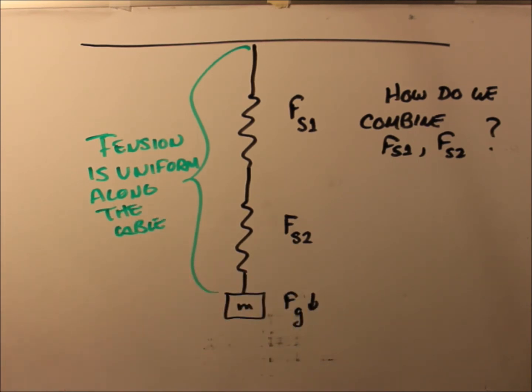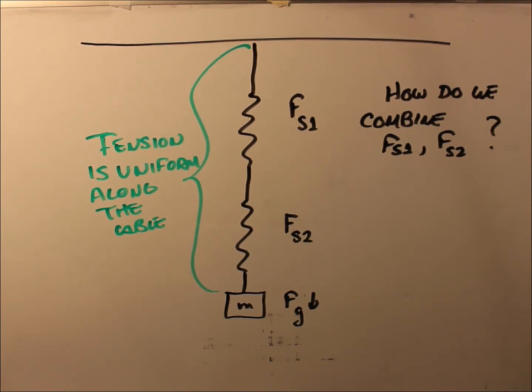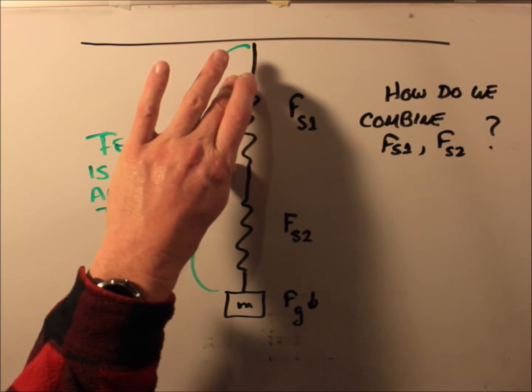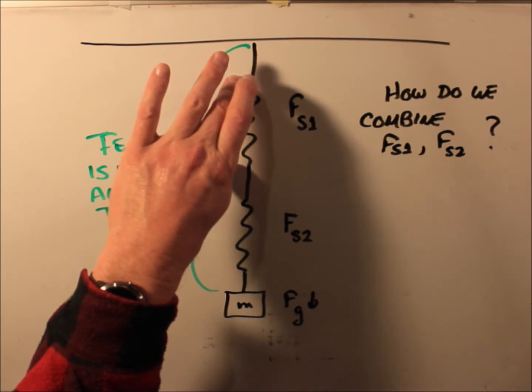That's how tension forces work. If we're stretching a spring, then that is going to be stretched by this tension force. So if we look at this one here, it's going to stretch a certain amount based on Hooke's law.